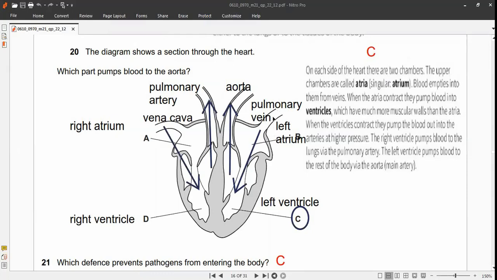When the atria contract, they pump blood into the ventricles, which have much more muscular walls than the atria. When the ventricles contract, they pump the blood out into the arteries at higher pressure. The right ventricle pumps blood to the lungs via the pulmonary artery. The left ventricle pumps blood to the rest of the body via the aorta, the main artery.